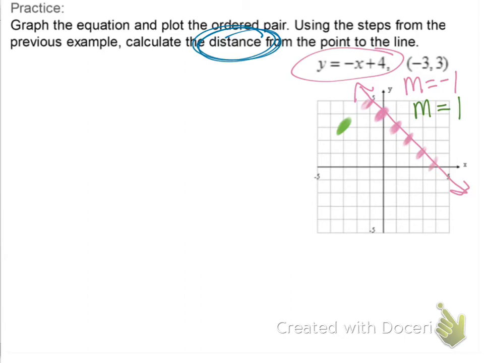So from that green point, I'm going to go up 1 over 1, up 1 over 1. So what I need is this distance that I'm coloring in green. So I want the distance between that point, which is at -3, 3, and the point of intersection, which I can see now, they intersect at -1, 5.